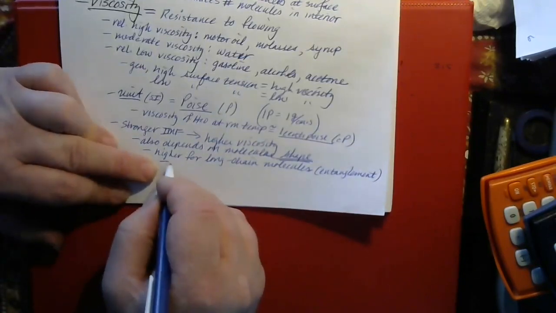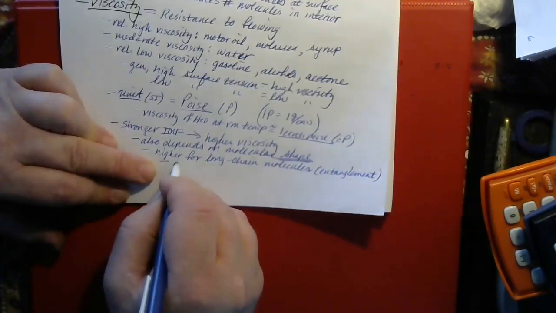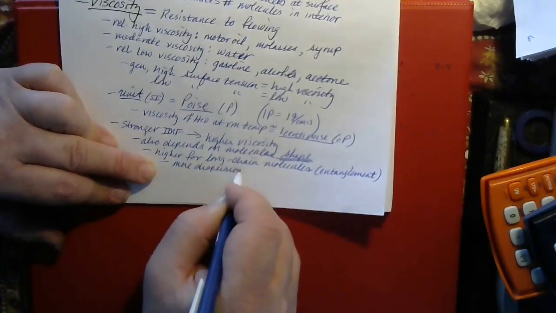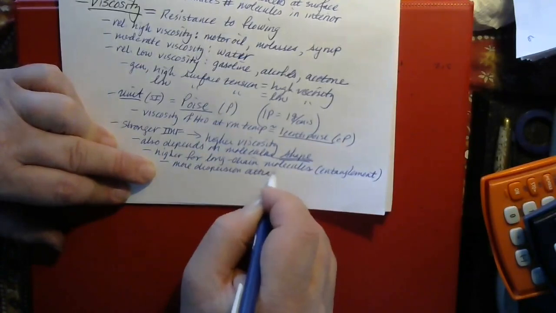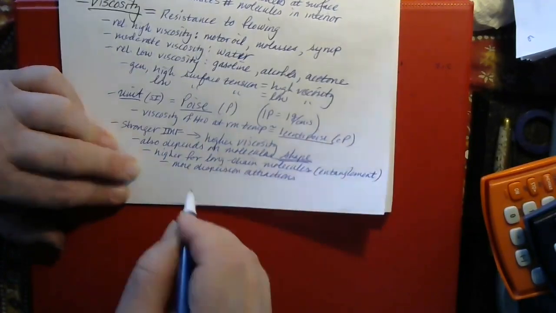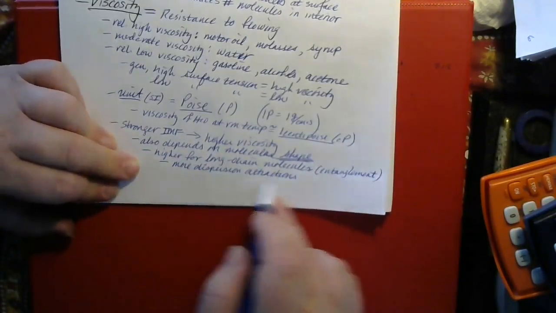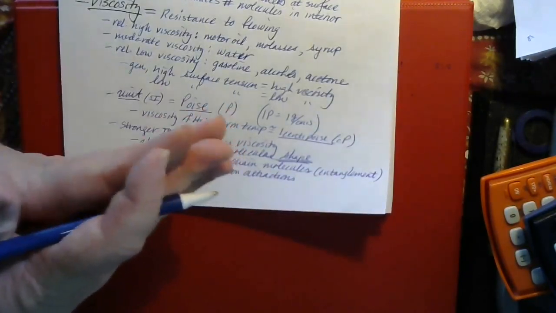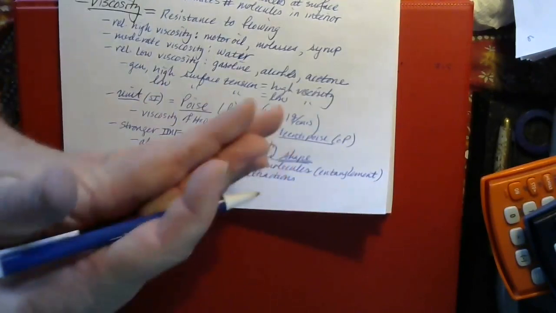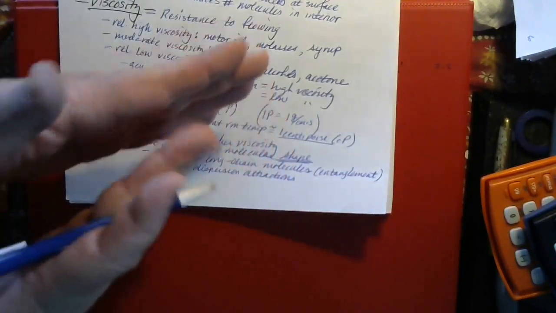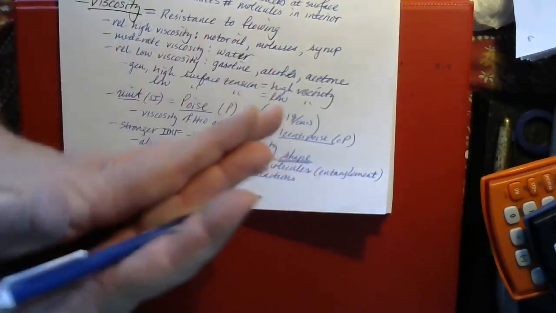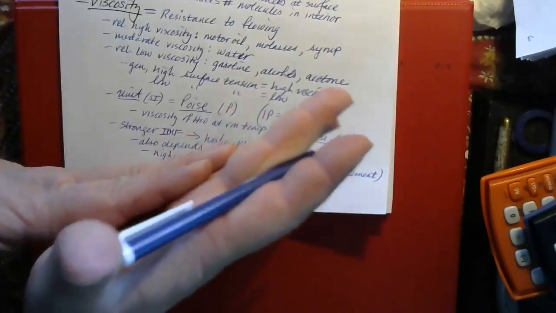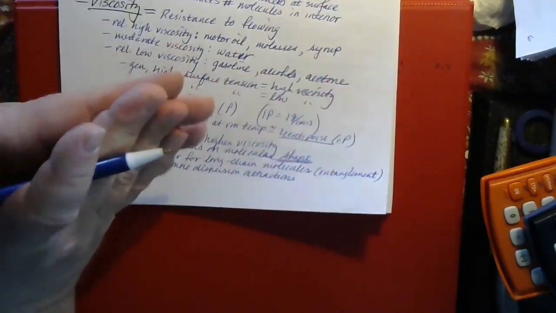Also longer chain molecules would tend to have more dispersion force attractions, which would tend to hold them together more tightly, especially if they're sort of linear chains where the molecules can get close to each other. Then they tend to be more resistant to slipping over and past one another.